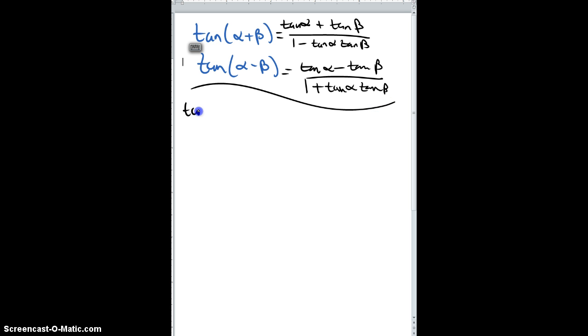So say again, how would you do this? Say I gave you the tangent of pi over 12, and again, I wanted an exact value, okay? So the problem is that is not on the unit circle, and so you need to split it into things that are. Now, if you're like, well, how do I get pi over 12? You might want to take things like pi over 6, pi over 3, pi over 2, pi over 4, things that we typically see on the unit circle and get a common denominator of 12.